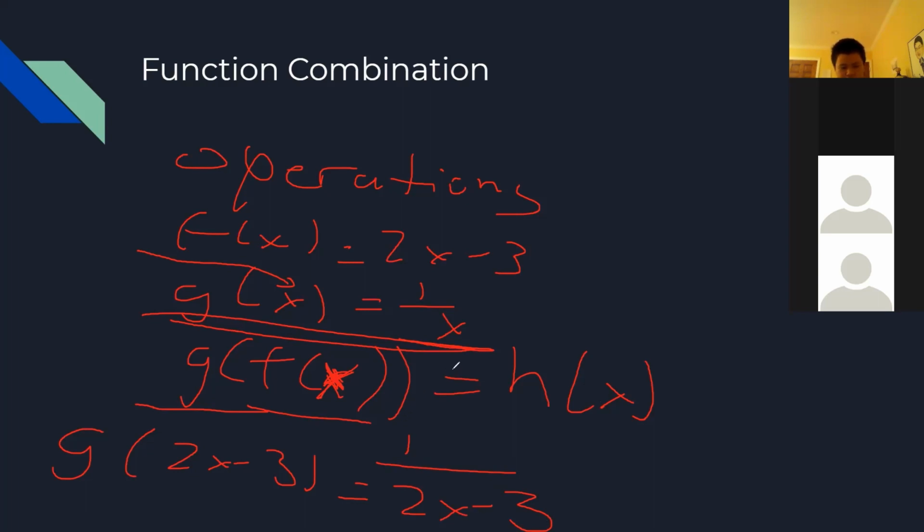Now, a few things. First off, g can't have an input of 0, and thus 2x minus 3 can't result in 0 because f(x) is going into g(x), so x cannot be 1.5, which would result in f(x) being 0.